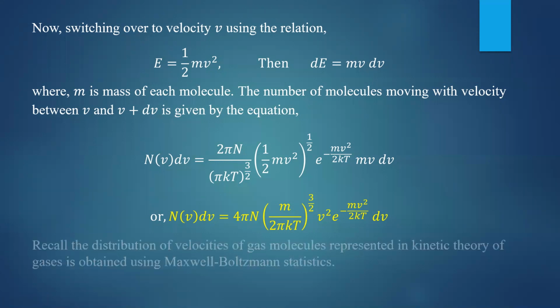So this is giving you the number of molecules having the velocity v in the range of v and v plus dv. So you can recall the distribution of velocities of gas molecules, which you have studied in kinetic theory of gases. This is the same equation we have studied there.